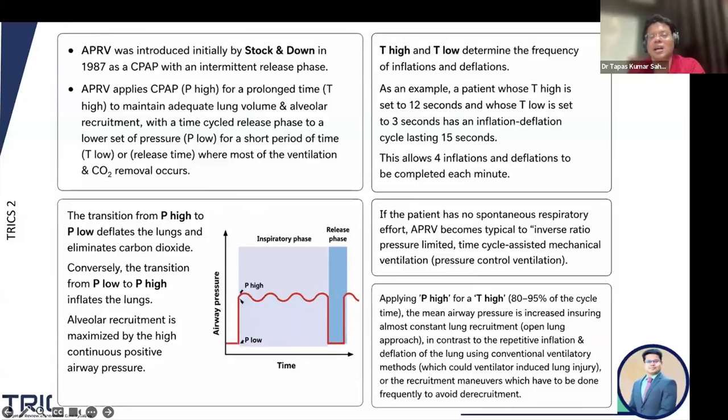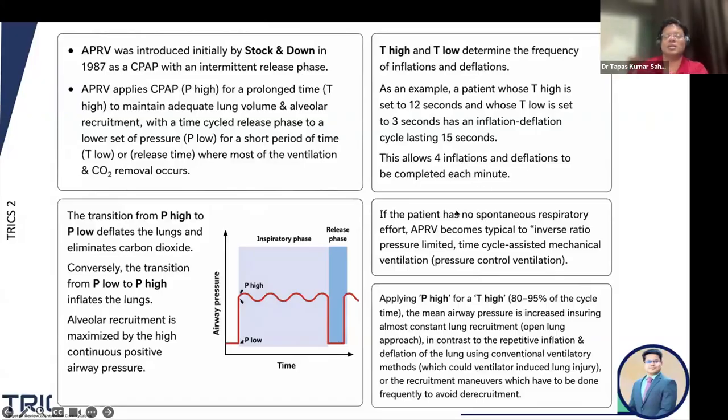Now, T high, T low, I have already told you how you calculate the inflation-deflation cycle. Again, 12 seconds is T high, T low is 3 seconds, 12 plus 3 is equal to 15 seconds. This is one inflation-deflation cycle that you need to remember. And in a minute, you are allowing 4 inflations and deflations.